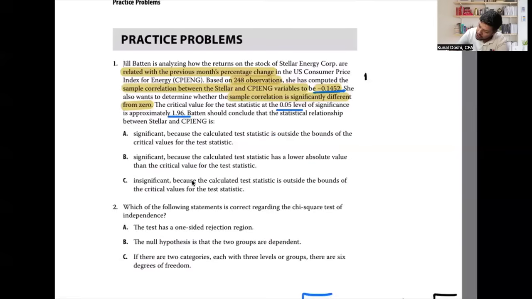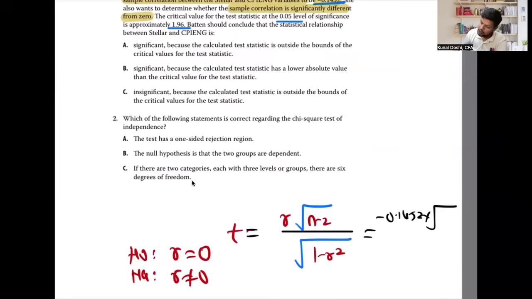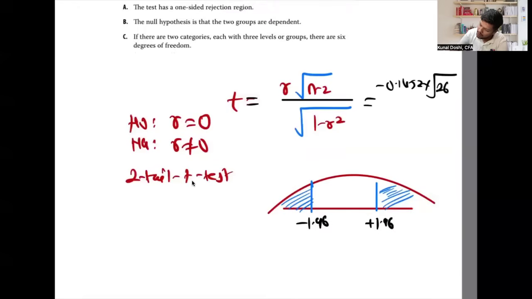The n is 248. And why minus 2? Because in correlation, you have two variables. So n minus 2 is 246, divided by the square root of 1 minus 0.1452 squared.